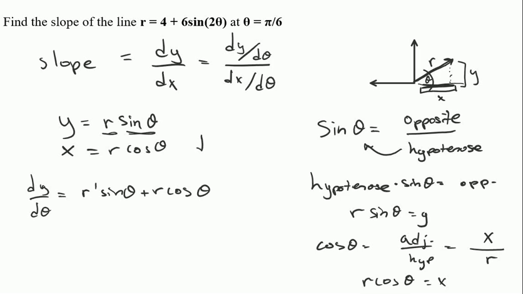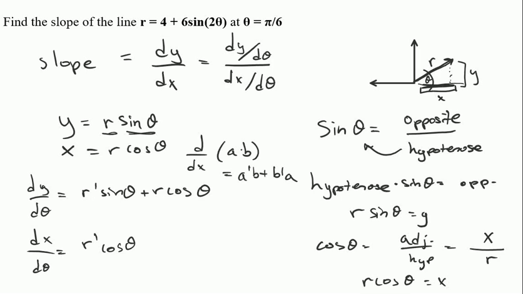Remember, right? For instance, d/dx of a b equals a prime b plus b prime a, right? Okay. Then dx d theta will be equal to r prime cosine theta plus r times negative sine theta, because the derivative of cosine is negative sine.